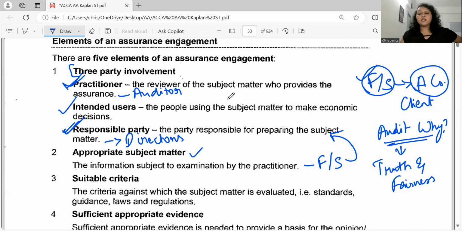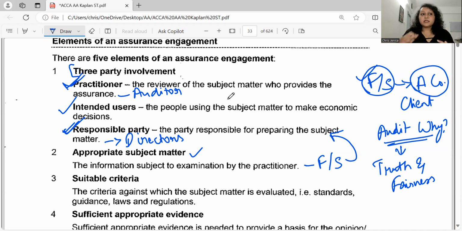Basically, who are the investors for a company? Shareholders. If the shareholders are going to invest in a company and they are appointing the directors on behalf of them in order to run the company, now these shareholders will be interested in knowing what is the financial position of the company. Right?